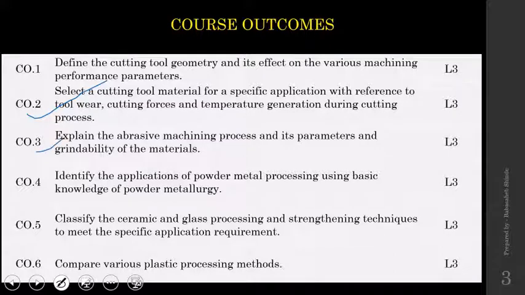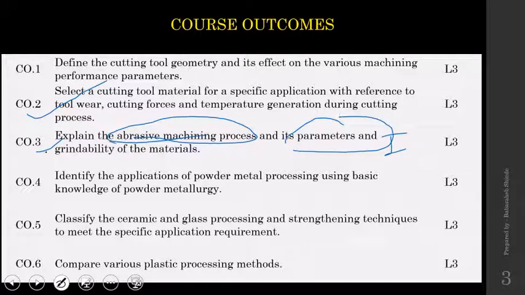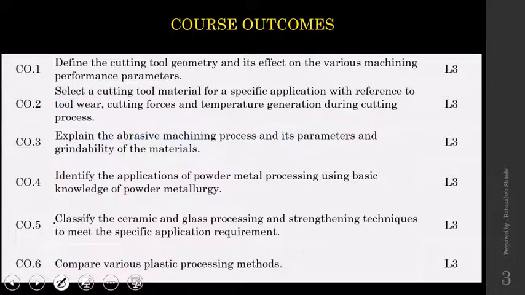Then CO number 3 is going to deal with unit number 1, which is based on abrasive machining. The statement is: explain abrasive machining processes and their parameters and the grindability of materials. In this abrasive machining processes unit, we are going to focus prominently on grinding.